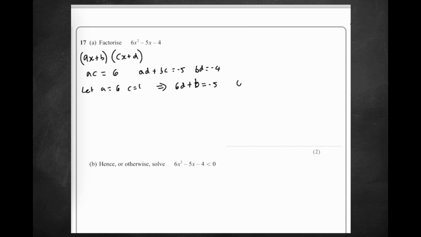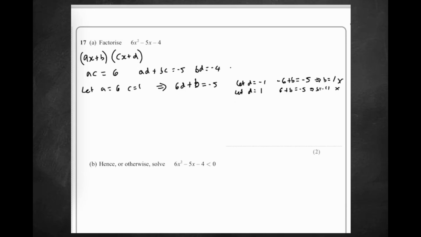So if I say let d equal minus 1, then we have minus 6 plus b equals minus 5. So b would be 1, but that doesn't work, as we need bd to be minus 4. So we'll let d equal positive 1. Then the same problem happens. Then we have 6 plus b equals minus 5, and then b becomes minus 11.